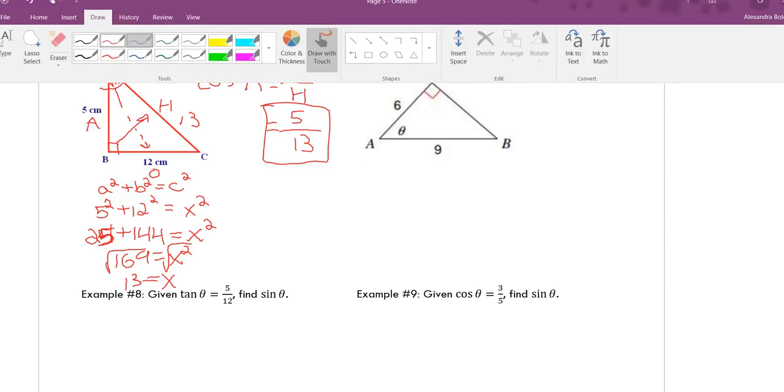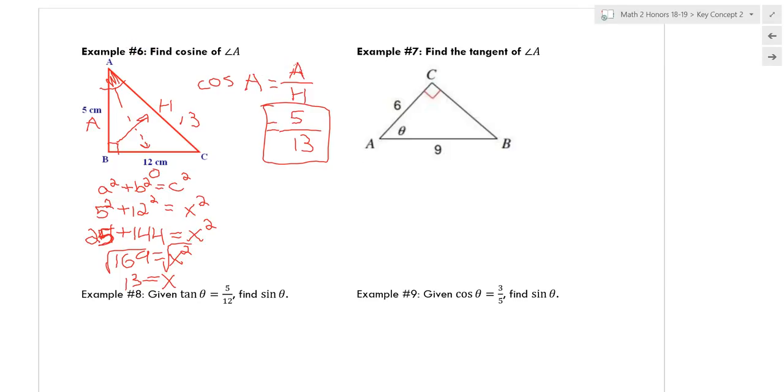For C, find the tangent of A. Okay. So we have our hypotenuse, our opposite, and our adjacent. Tangent equals O over A, which equals blank over 6. So a squared plus b squared equals c squared.